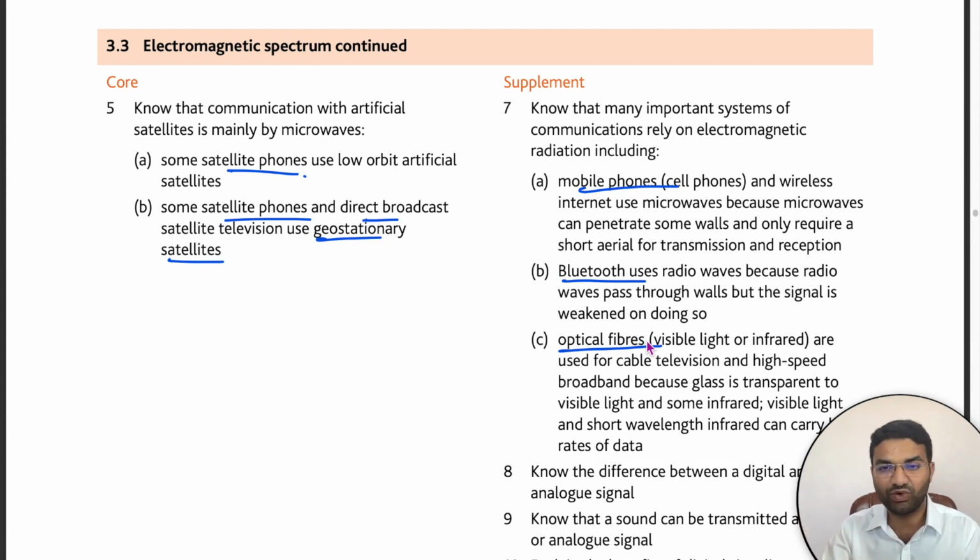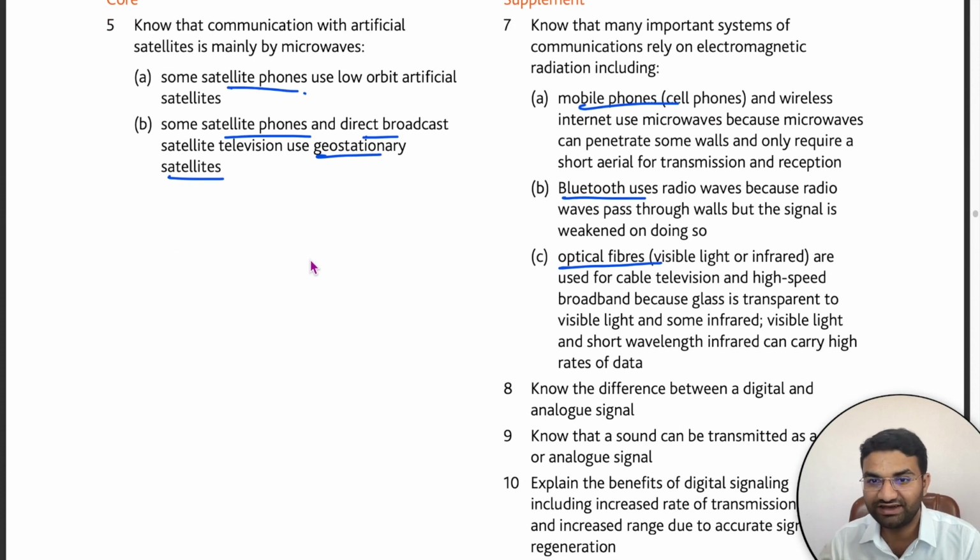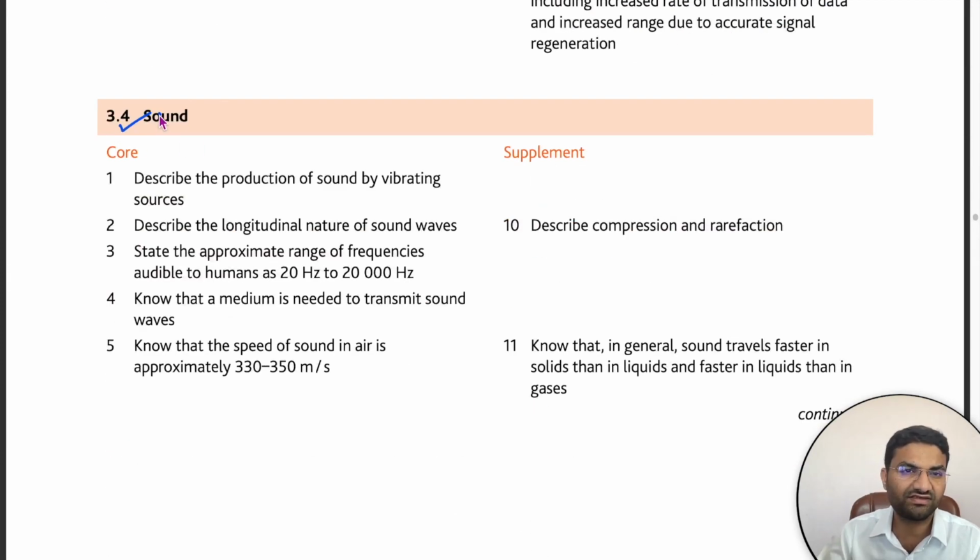How do we communicate from one country to another, how does optical fiber work? These kinds of things you will get to know in physics, and that is why physics is very interesting. Then next, for an extended student, there is the difference between digital and analog signals, and how they are transmitted. Then the next subtopic is sound, how the production of sound takes place.